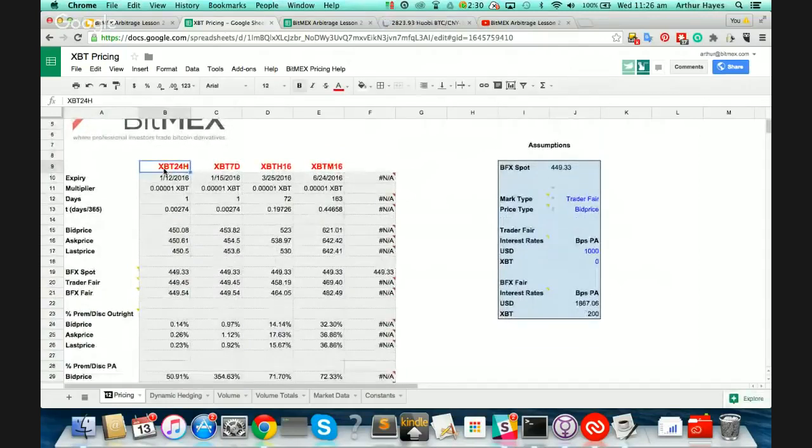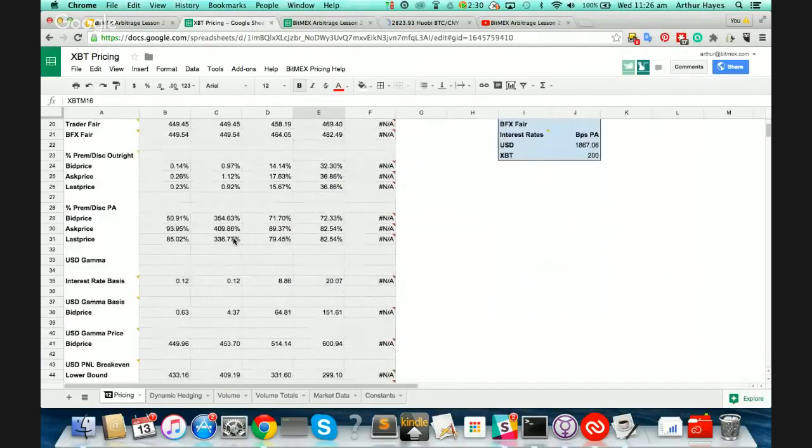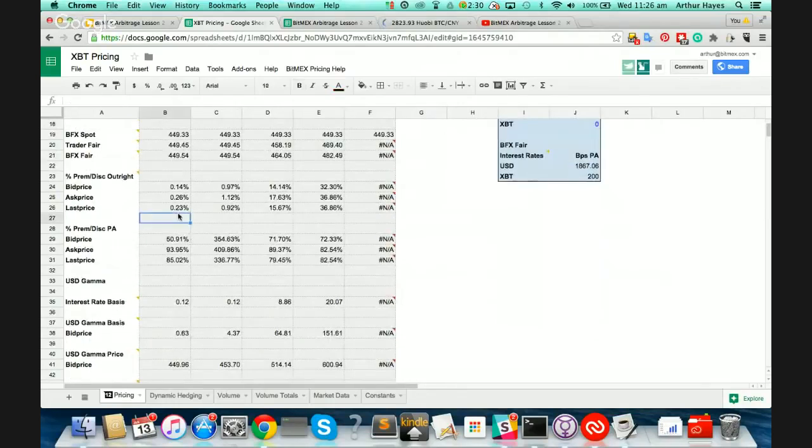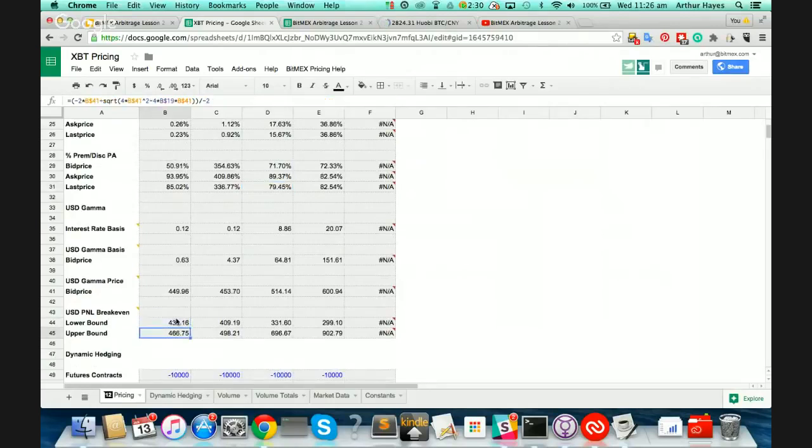This one has more detail on all the other contracts that we offer at BitMEX, and you can get some more live-looking data out of this. And here you can see the curve, how things are doing on the bid-ask, which contracts look most attractive for these types of strategies, and then your break-even points on the upper and lower levels.